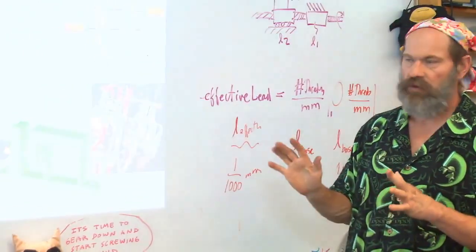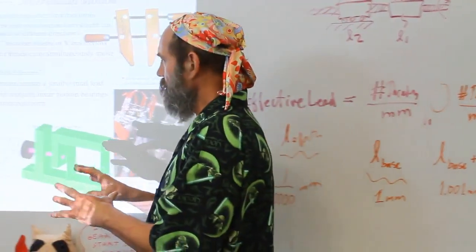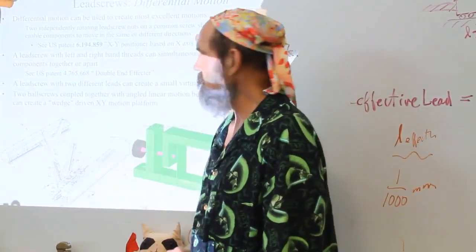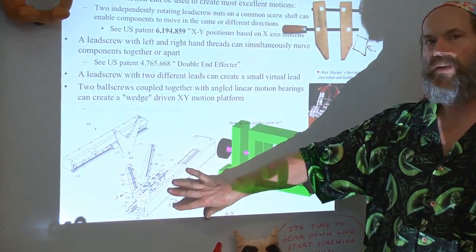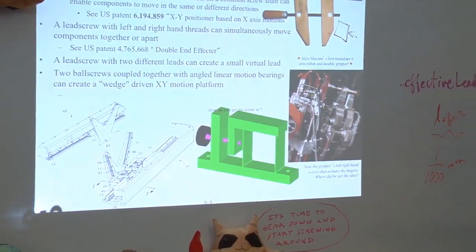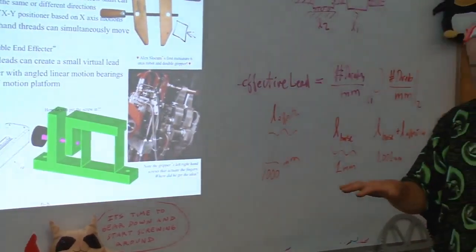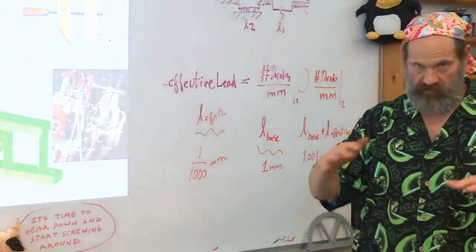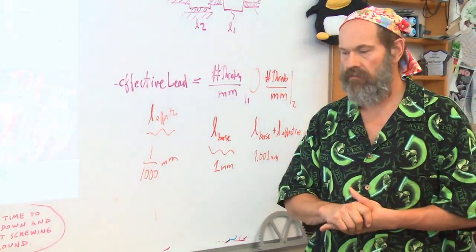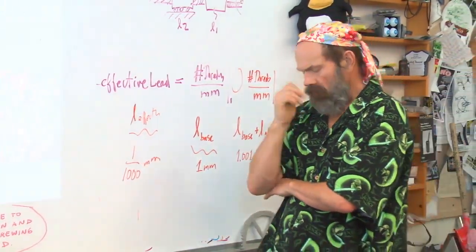You can also do differential screws to cause all kinds of fascinating motions in devices. This is a chaos device that you can read about in the book or on the web, where you can take pure linear motion in one direction and get output of XY linear motion in the stage that's driven. Wow.